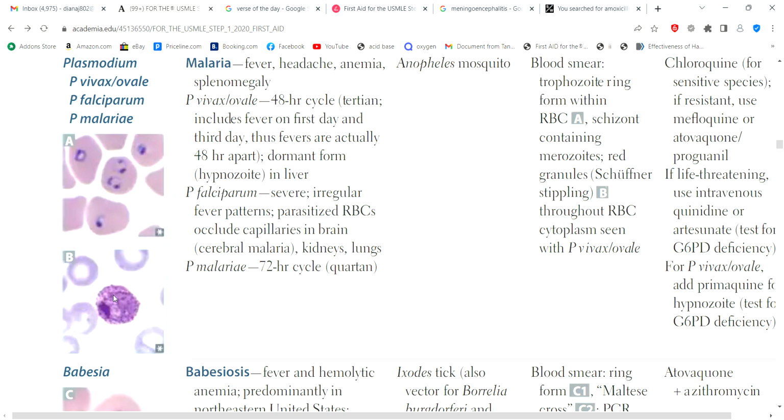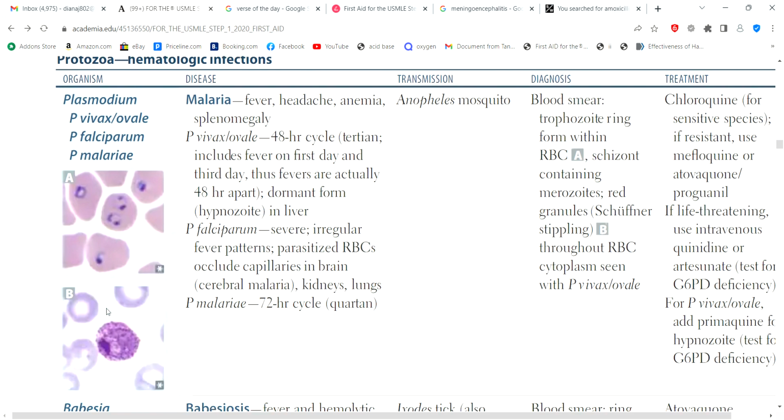This thing inside of it right here is a schizont containing merozoites, which is just another stage in malaria. We're going to get into that. So red granules throughout the RBC cytoplasm are seen with P. vivax and ovale. Okay, next.